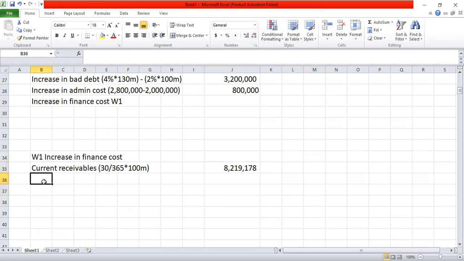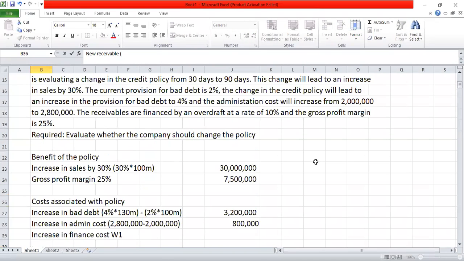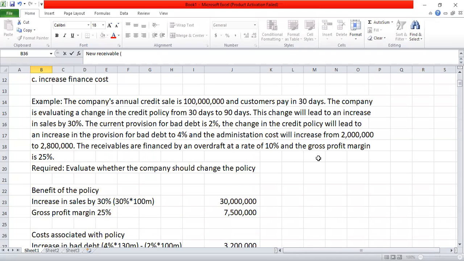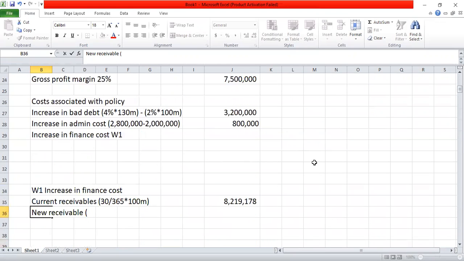What is the new receivable after introducing the new policy? If you look in our question, our customers are going to be paying in 90 days. So it's going to be 90 days divided by 365 times the total credit sales after the increase, which is 130 million. So it is 90 over 365 times 130.